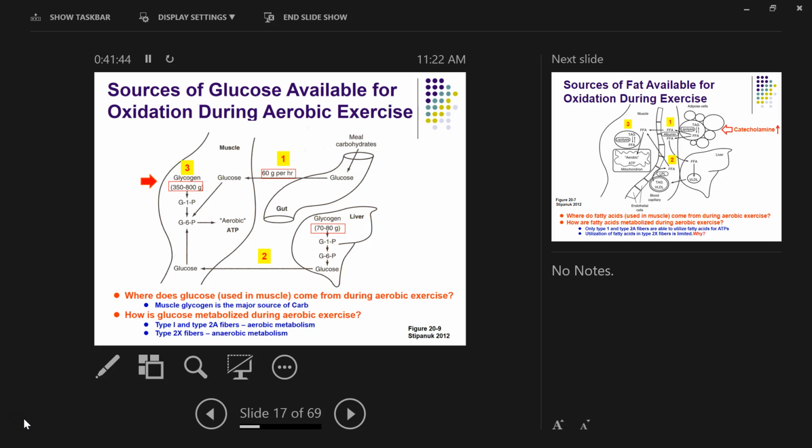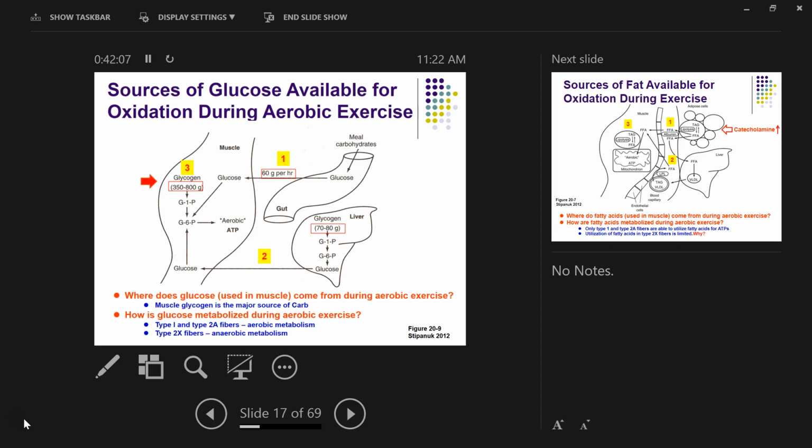First is the diet, so dietary carbohydrate. It contributes about 60 grams per hour, and the second source of glucose is liver glycogen breakdown, right? And the third, which is the most important source of glucose, is the muscle glycogen.